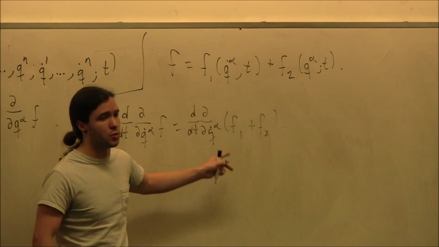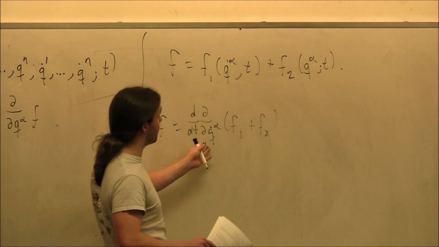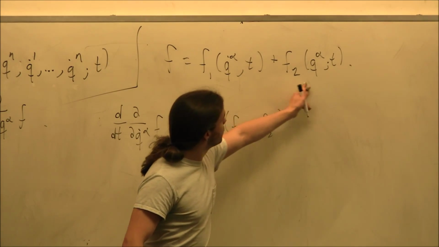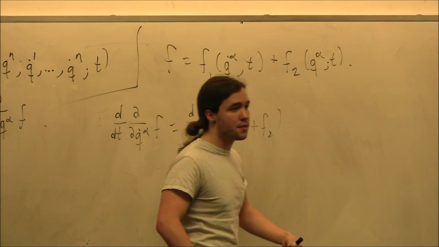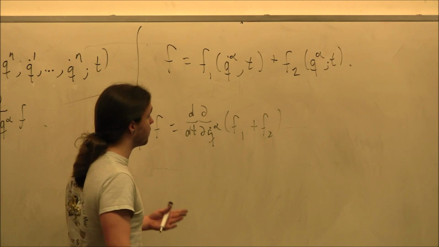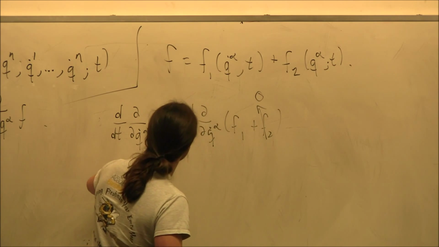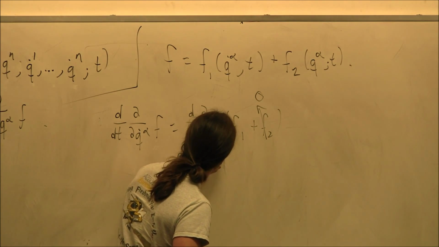The way that partial derivatives work is that if a function does not explicitly depend on the variable in question, it's 0. So f2 does not depend on the velocities at all. It's only a function of the coordinates and time. So if you took a partial derivative of it with respect to the velocities, it goes away. So this is 0. So what we end up getting is just d by dt, the partial on q dot of f1.